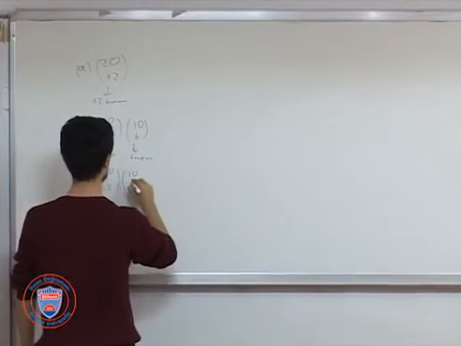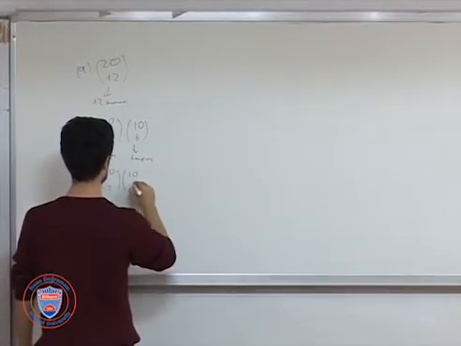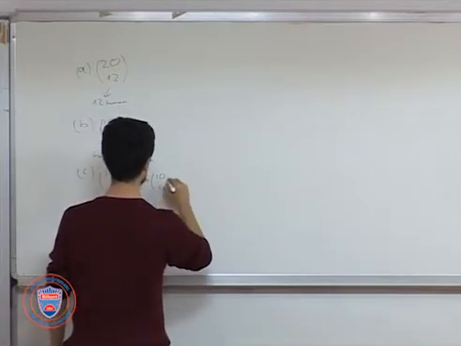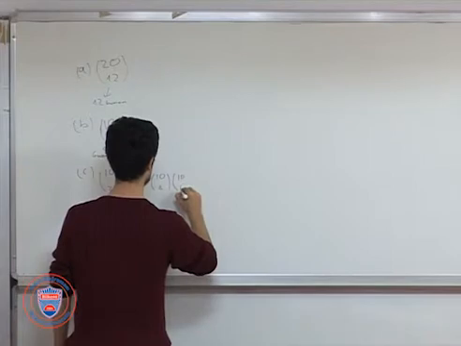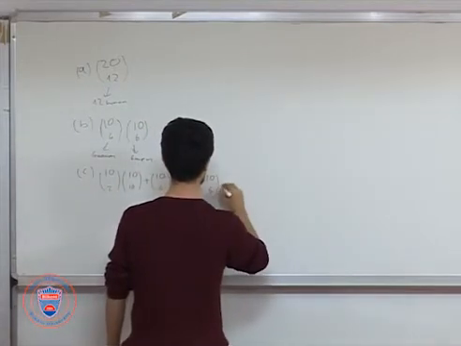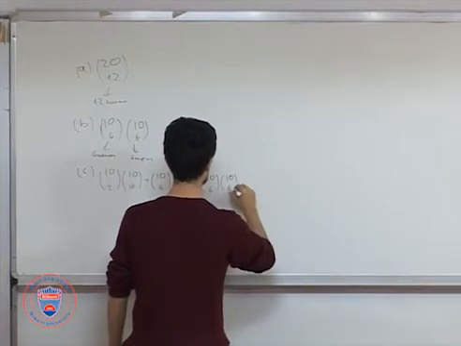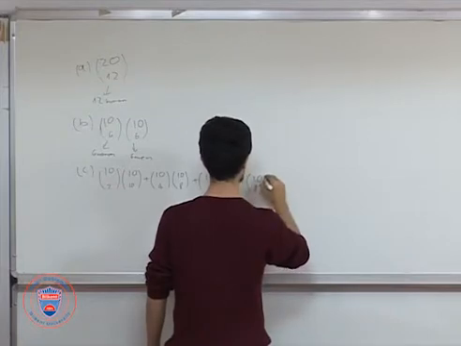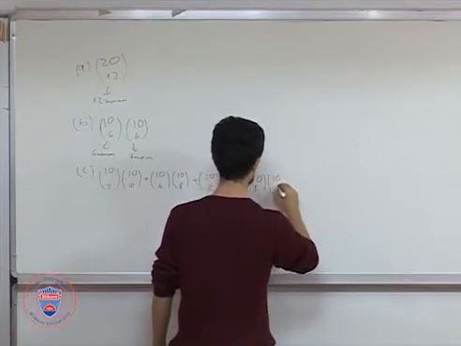Now C, we have the restriction of choosing an even number of women. So all possibilities where you can have an even number of women. You cannot have 0 women because then you wouldn't have enough people to choose from. So the lowest number is 2.